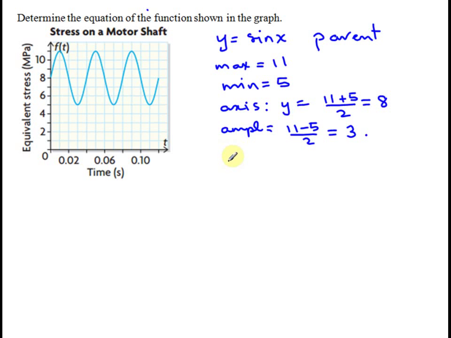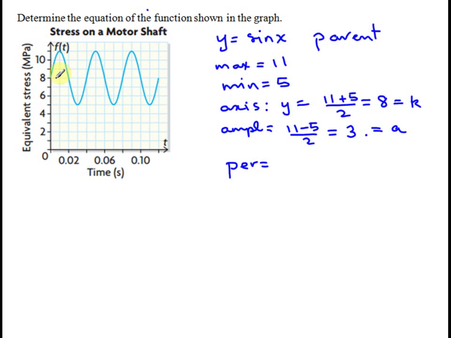The last thing we have to do is calculate the b value for our equation. Let's remind ourselves that the axis will be the k value and the amplitude will be the a value in our equation. The last thing we need is the period, which we can calculate from the graph.